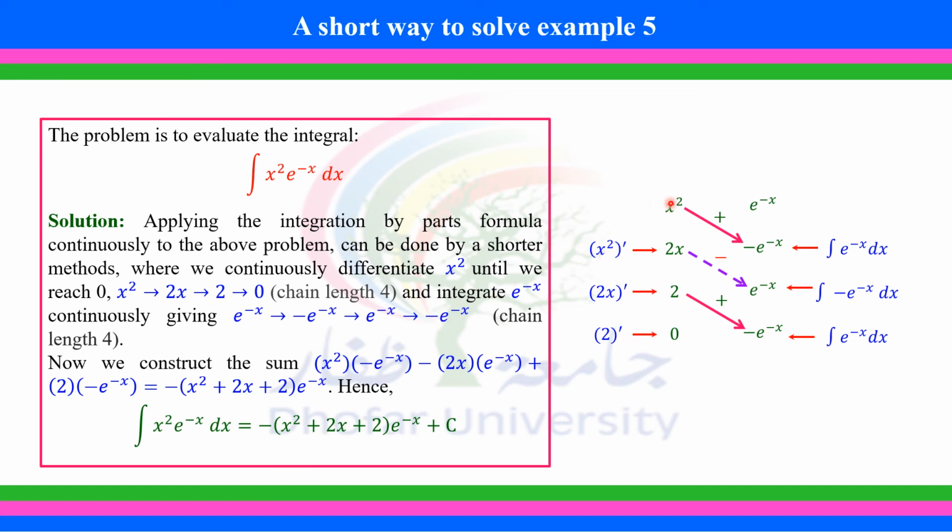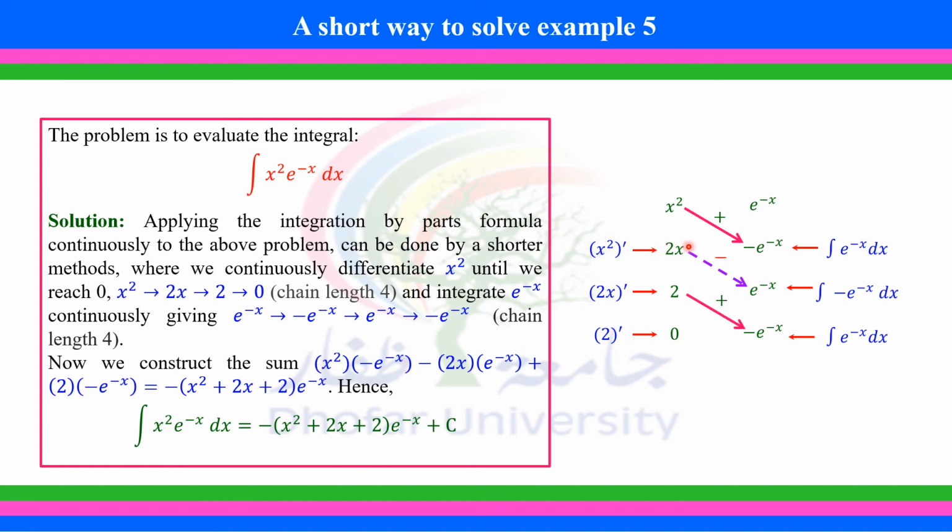Now if we write x squared and its derivatives in one column like this, and exponential minus x and its integrals in a corresponding column like this, now we can construct a product of these functions 2 by 2, like x squared is multiplied by negative exponential minus x and is given a positive sign, as we see here in this term.